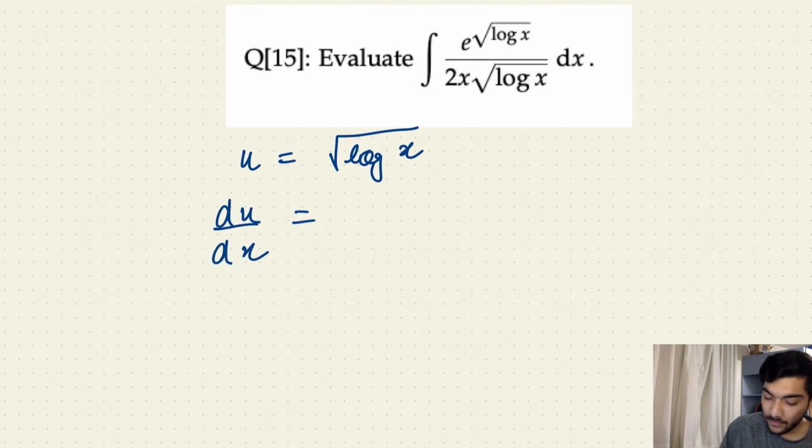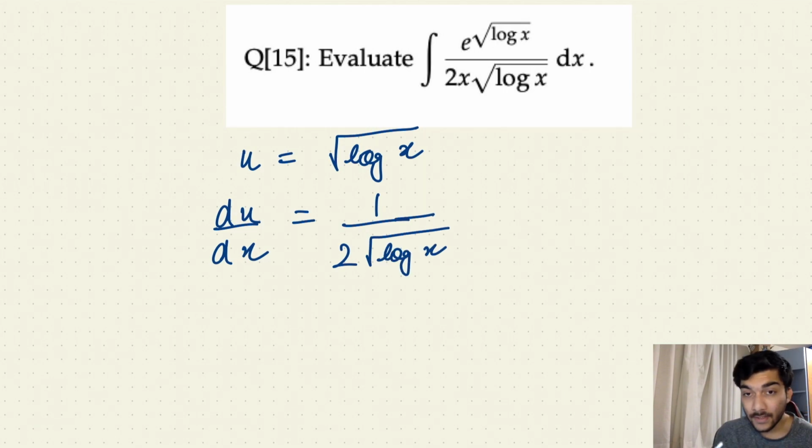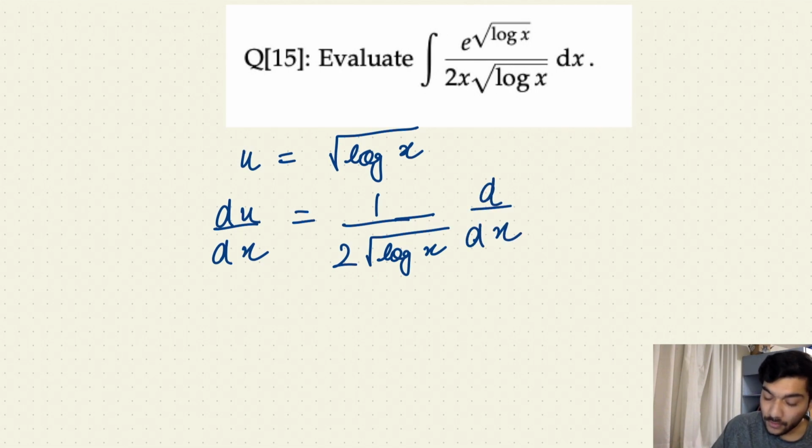If we take that derivative, we will have to use the chain rule. The derivative of the square root of something is 1 over 2 times the square root of the thing in the expression, and since we also have a function inside the square root, we have to take the derivative of log of x as well, using the chain rule.